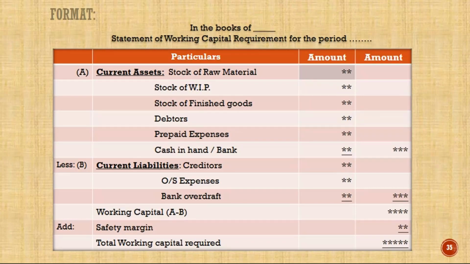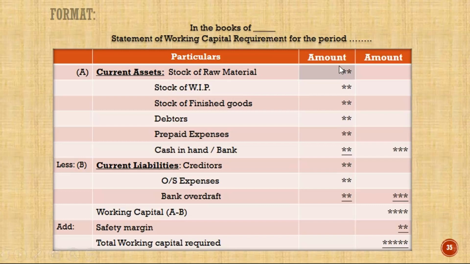Then we start the calculation of working capital requirement with current asset. You can see here there are different components of current asset. First is stock of raw material, stock of WIP, that is work in progress, stock of finished goods, debtors, prepaid expenses, that is expenses paid in advance, then cash in hand or cash at bank.